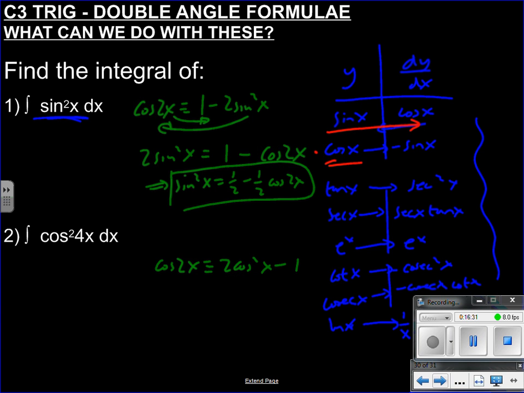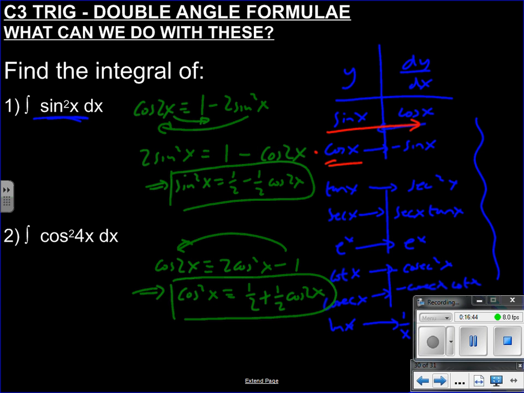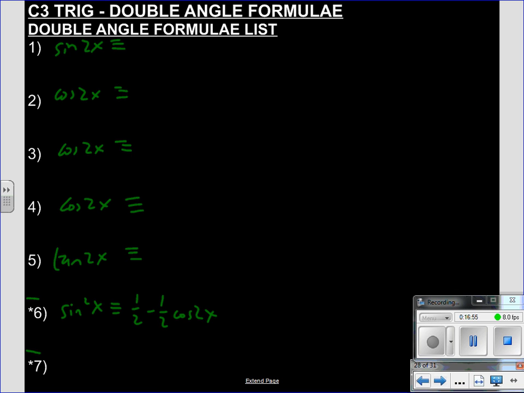So if we rearrange this to make cos squared the subject, so if I move the 1 over and then divide by 2, we get cos squared x is a half plus a half cos 2x, you see? Really easy to remember if you know one of them. So sine goes to half minus half cos 2x, cos goes to half plus half cos 2x, okay? So we'll update our other one here. So cos squared x is the same as half plus half cos 2x.